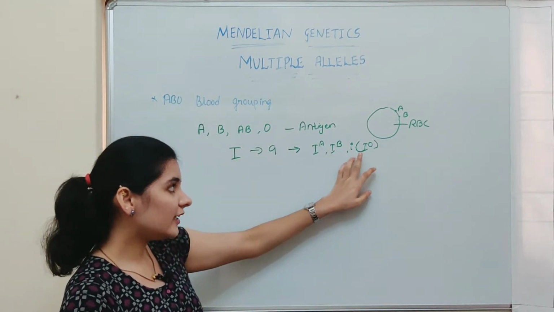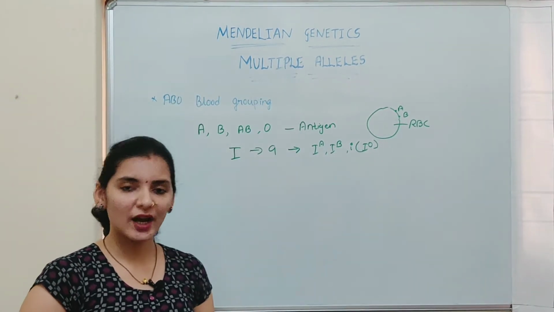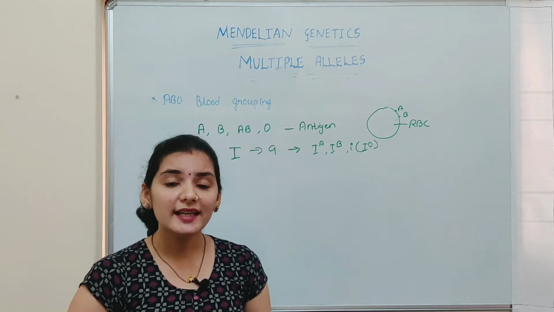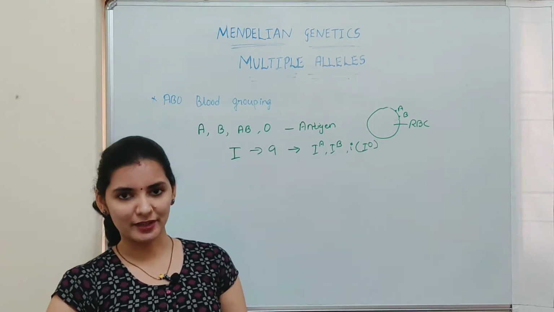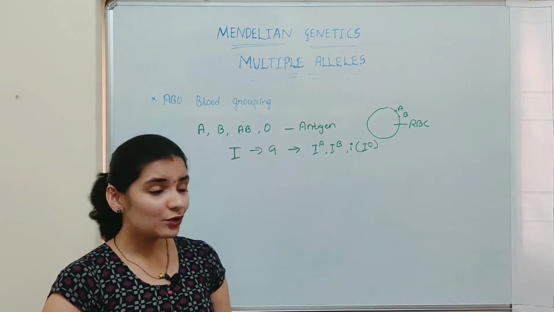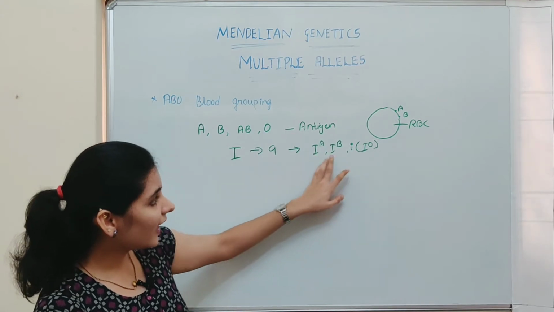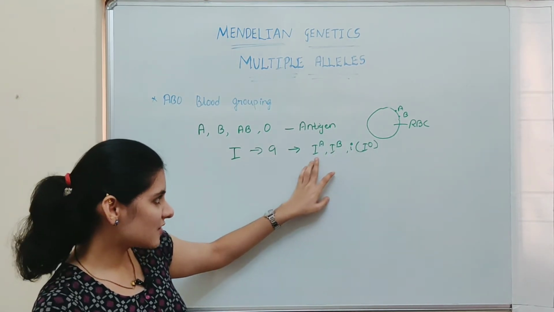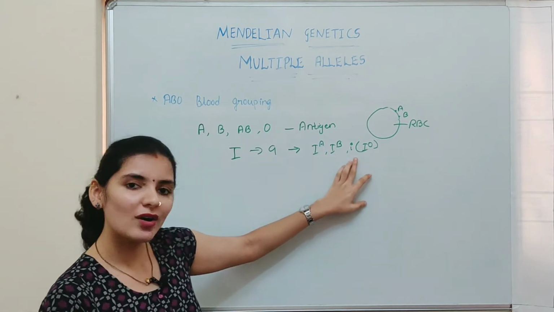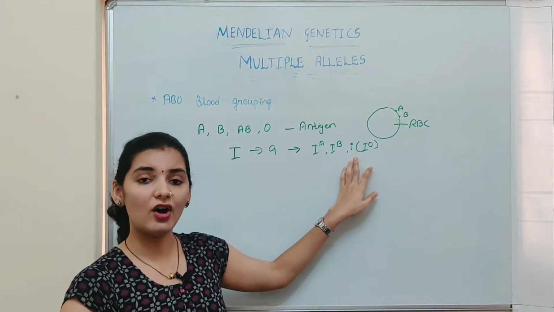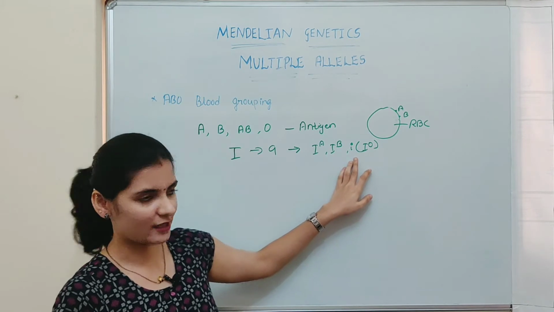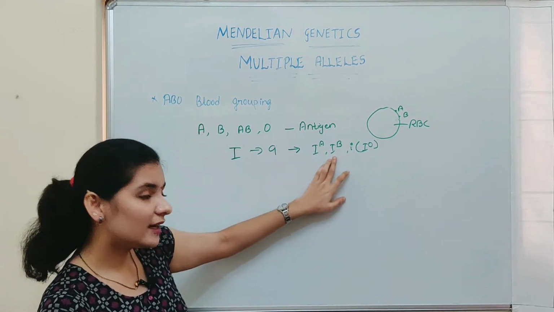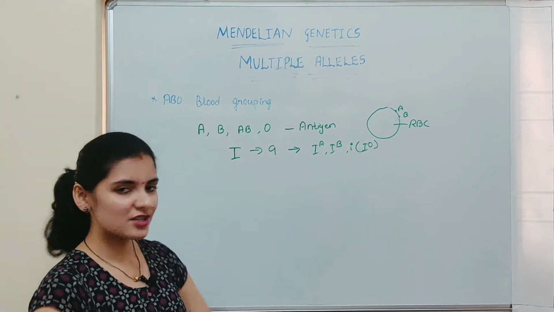Whereas small i or IO does not have the capacity to produce any antigen on the plasma membrane of RBC. Out of these three alleles, IA and IB dominate over small i. That is, in the presence of IA and IB, small i acts as a recessive allele, or it does not express itself.